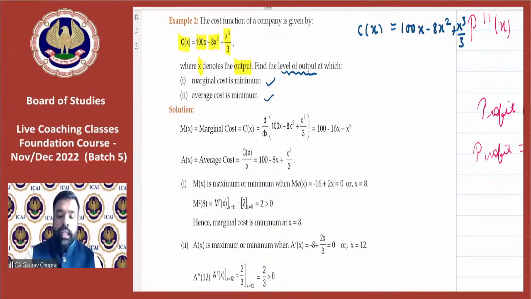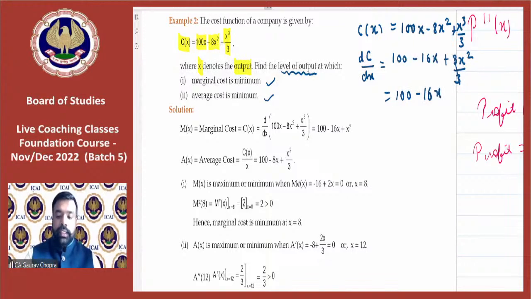Now, for calculation of marginal cost, we will find the derivative with respect to x. So it becomes 100 minus 16x plus 3x square upon 3. 3 will get cancelled. So what is left? 100 minus 16x plus x square. This is the marginal cost denoted by M. Okay, the marginal cost we have calculated.